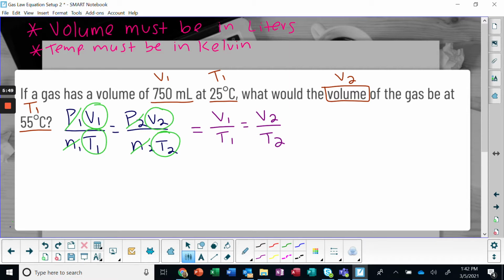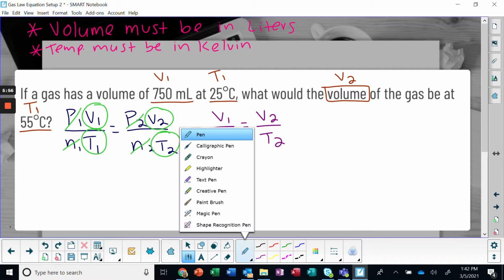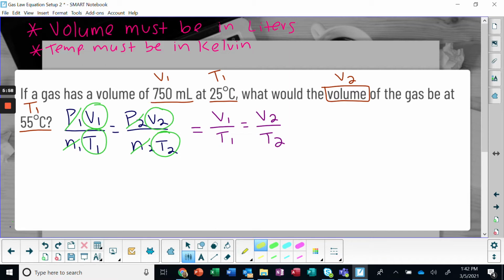Okay, so right now our volume is in milliliters and our temperature is in Celsius. So we need to do some conversions first before we can actually plug in and solve these equations.